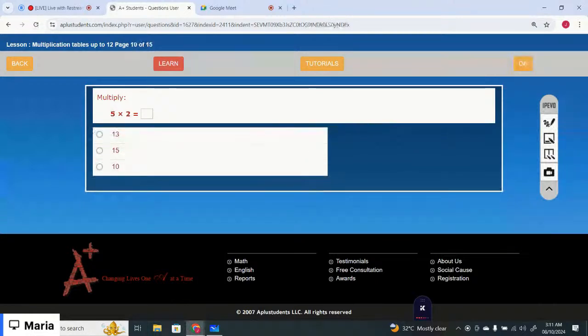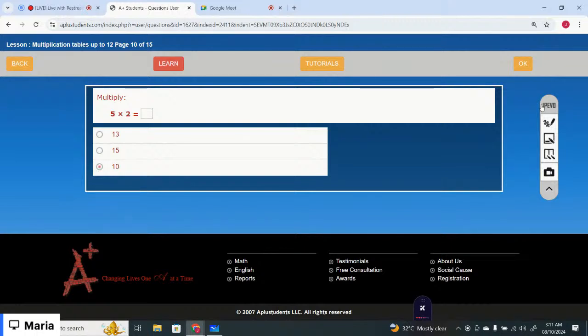The next one is 5 times 2, which is the correct option. The correct option is 2 times 5 is 10.